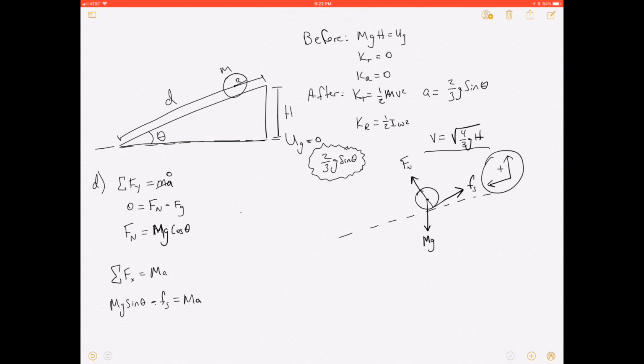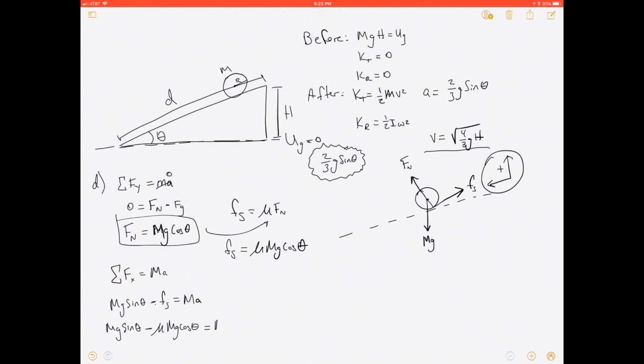And now we know that fs is equal to mu fn, and so we can plug this right in there, and we get fs is equal to mu mg cosine theta. Now we plug this in, we get mg sine theta minus mu mg cosine theta is equal to m times a, and a, as we found earlier, is 2/3 g sine theta.